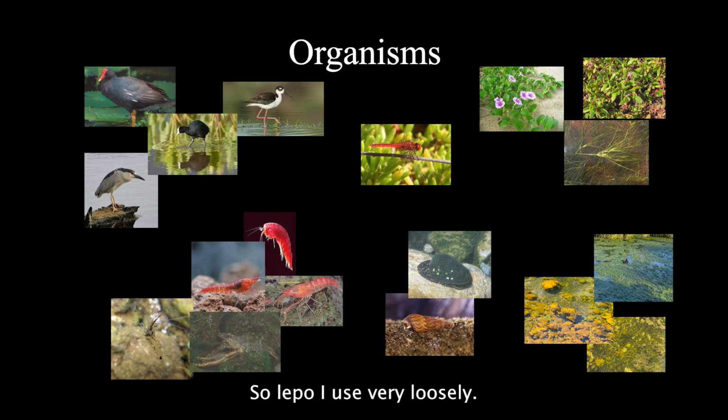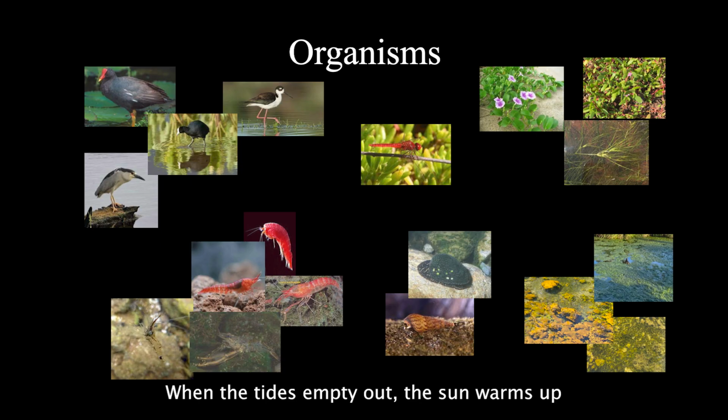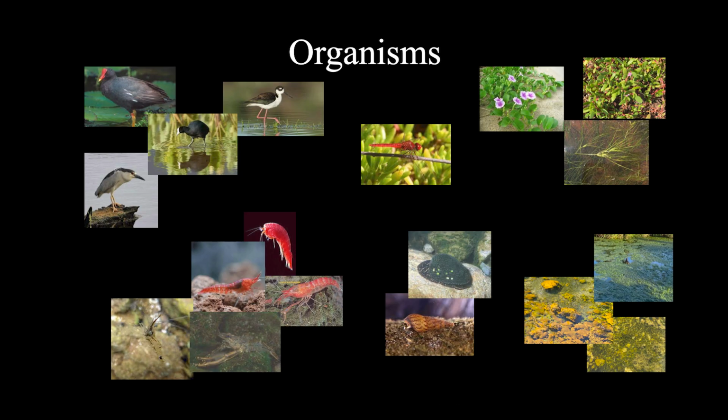So lepo I use very loosely. It means mud. It could also mean thick algae mats. It could mean microbial mats. But this is a great ecosystem for all of these because of that salt and fresh water and that sun. When the tides empty out, the sun warms up that lepo and allows for the microbes to blossom, and also for the phytoplankton to grow.